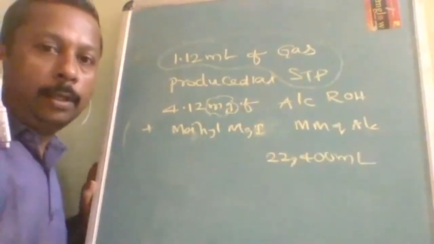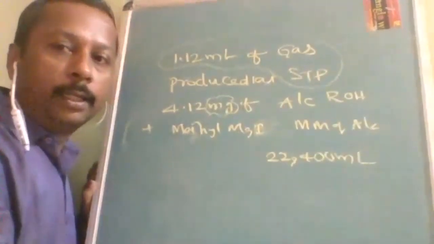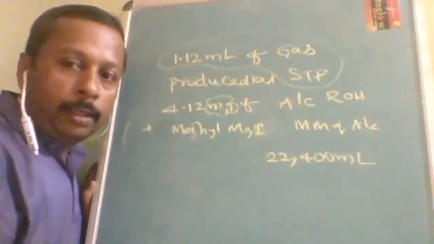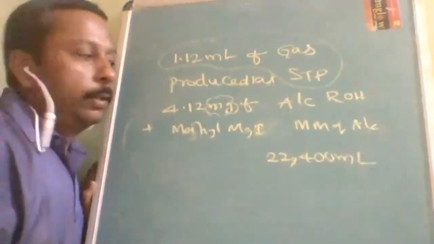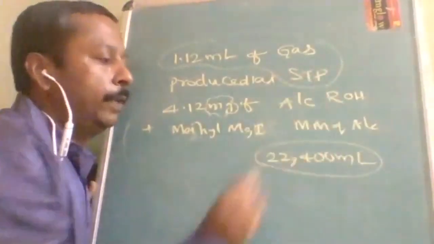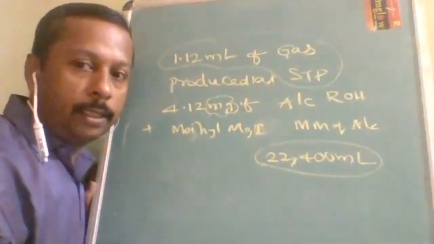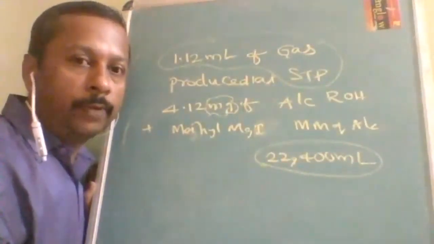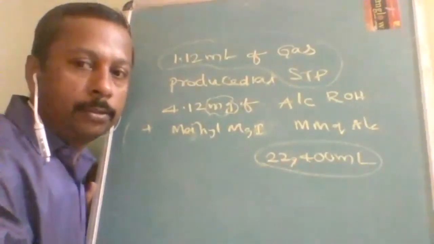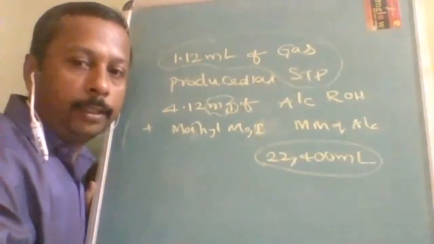Don't get confused with that. Any substance, if your clarity in the mole concept, the very first chapter of chemistry, says that any substance at STP, if it is a gas and occupies 22,400 ml, it is equal to 1 gram molecular mass. Is it understood? Okay, see you, bye bye in the next session.